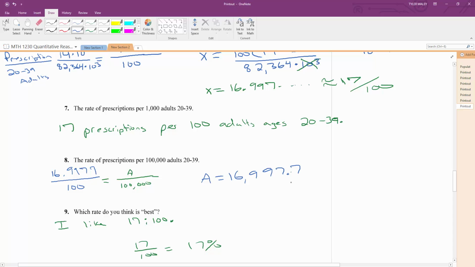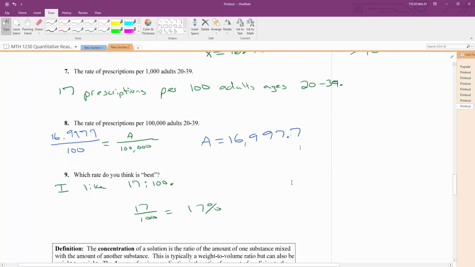So you could fill that number in instead of 17,000. Another thing we could talk about in number 9, if you had converted it this way, is that this is more accurate, but it's still hard to talk about, hard to make meaning out of this. So what we end up scaling our second quantity to can make a difference for the meaning, like what we're trying to use this for.